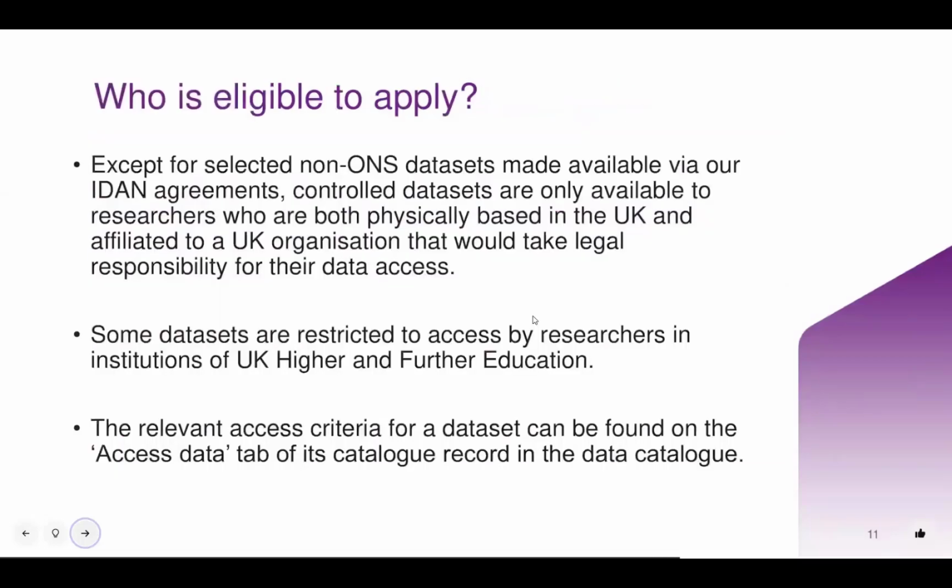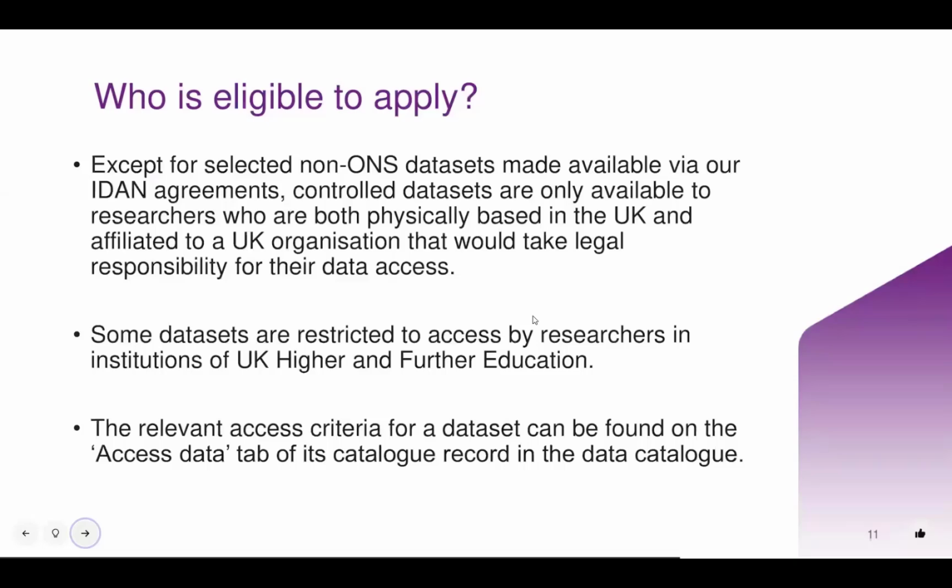Going next to who is eligible to apply, eligibility for applying for a project through the UK Data Service, for who wants to access secure data. As we said, except for the selected data sets that are made available via the International Data Access Network, controlled data sets are only available to researchers who are physically based in the UK and are affiliated to a UK organization, an institution that will take legal responsibility for their data access.